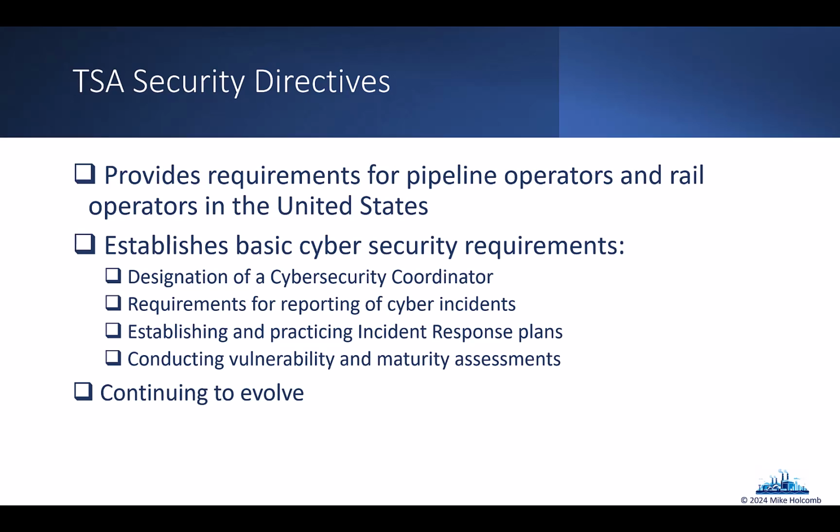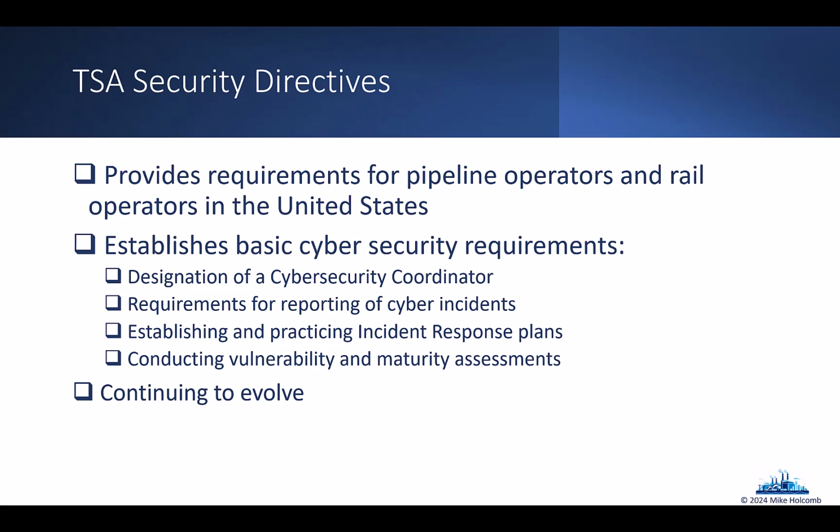So those cybersecurity requirements cover not only pipeline operators but also rail operators, including commuter rail, which is a lot of the work that I do at Floor. We do a lot of subway and light commuter rail in large metropolitan areas in the United States.